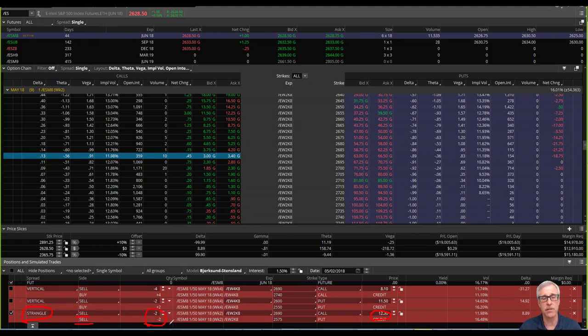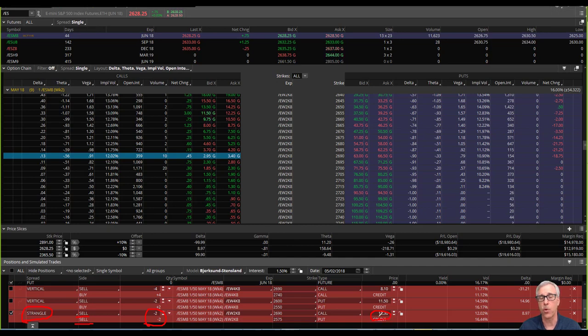So I haven't entered this trade. I'm showing you this for the purposes of demonstration. So I have 2 strangles, and they are set up at the 26.90 strike price calls and the 25.75 strike price puts in the May 18 contract of the S&P futures with 9 days till expiration.